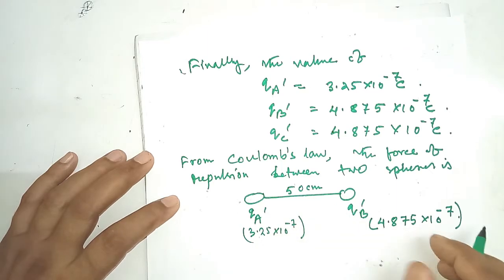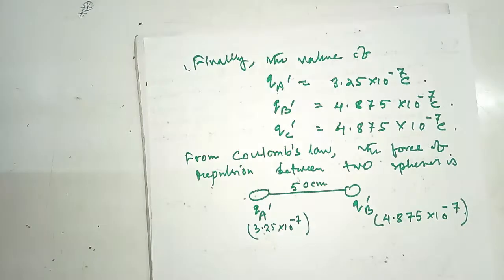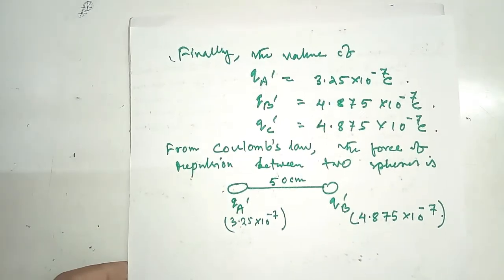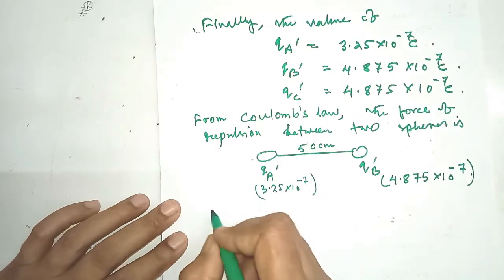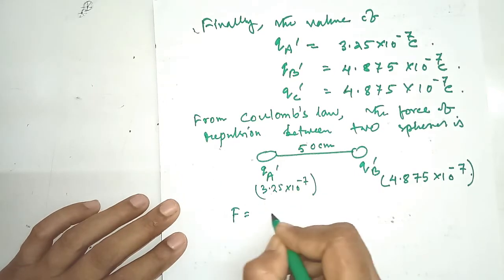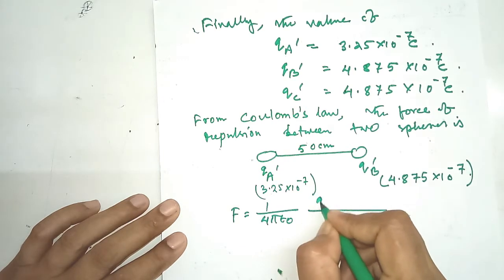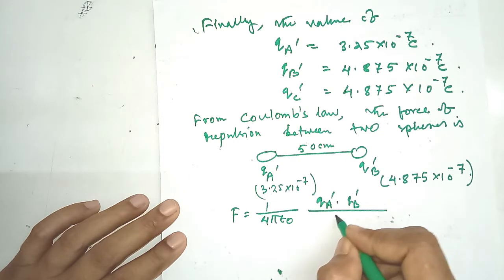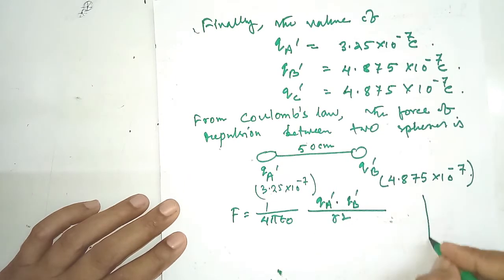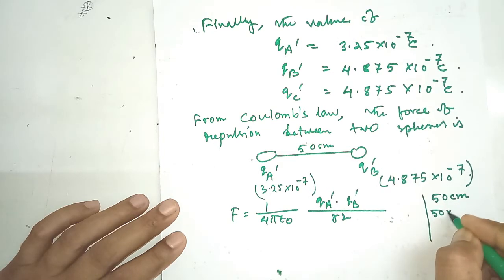The 50 centimeter has come from the question number 12, because the question number 13 is related to the question number 12. So we can write that F equal to 1 by 4 pi epsilon naught into QA dash QB dash by R square. So 50 centimeter we can convert it in meter, that is 50 into 10 to the power minus 2 meter.